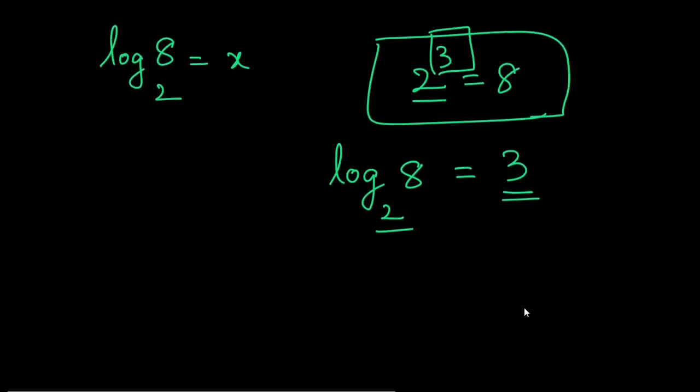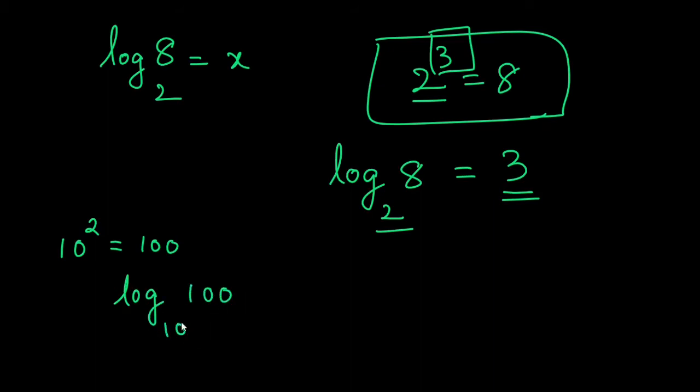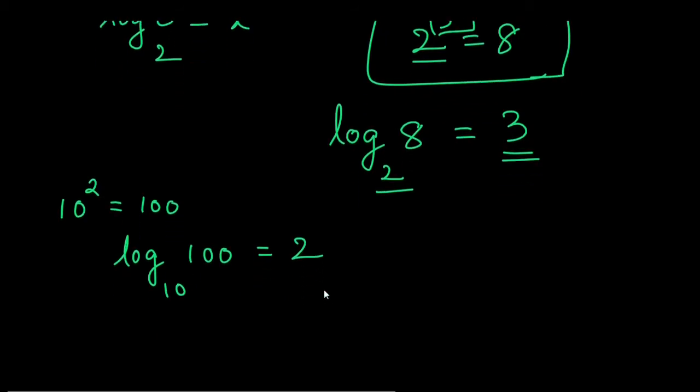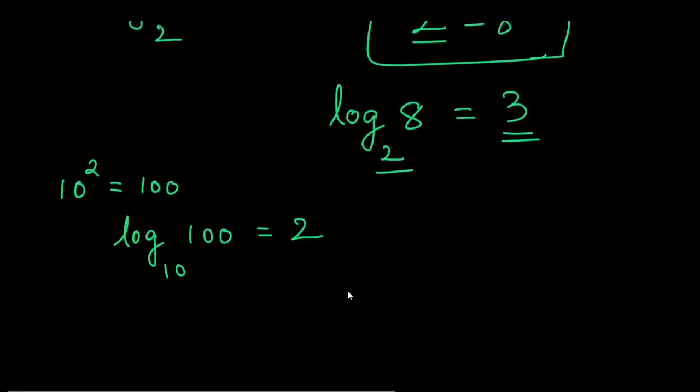One more example, let us see. 10 power 2 is equal to 100. When we express it in logarithmic form, this becomes log of 100 to the base 10 is equal to 2. So what have you read in our definition?